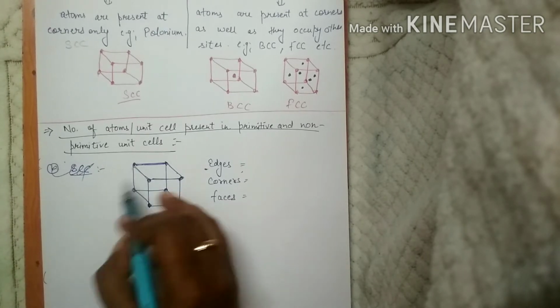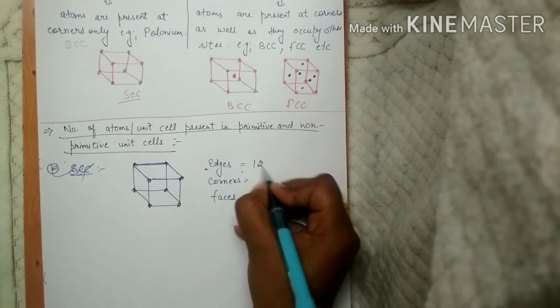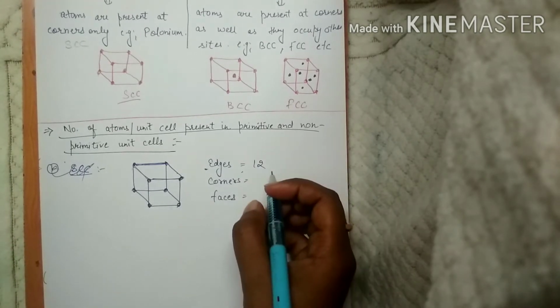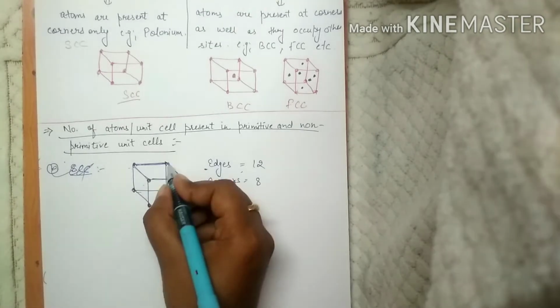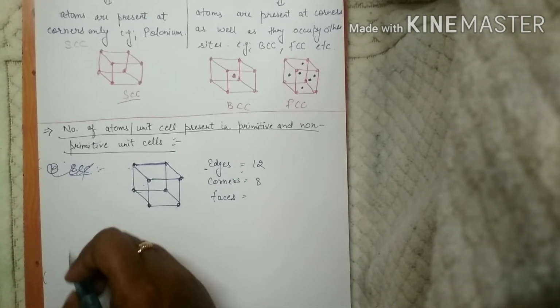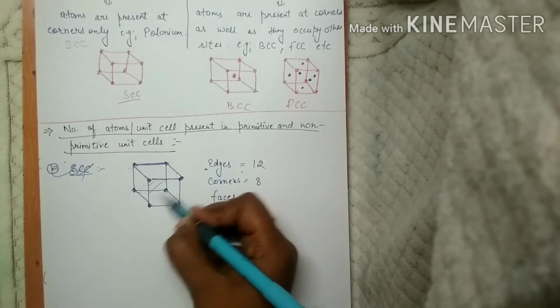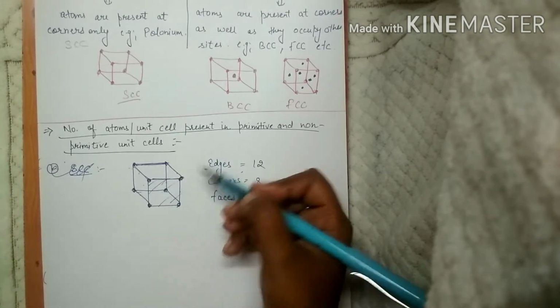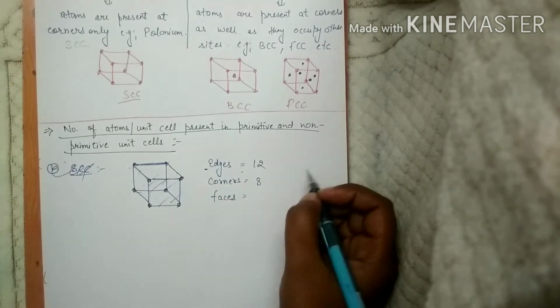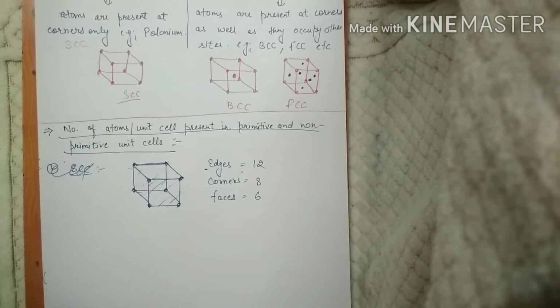If you count the number of edges, they come out to be 12. Corners are 8: 1, 2, 3, 4, 5, 6, 7, 8 corners are there, and faces are 6. That is your front face, back face 2, left face, right face 4, up and down 6. There are a total of 6 faces in a simple cube.